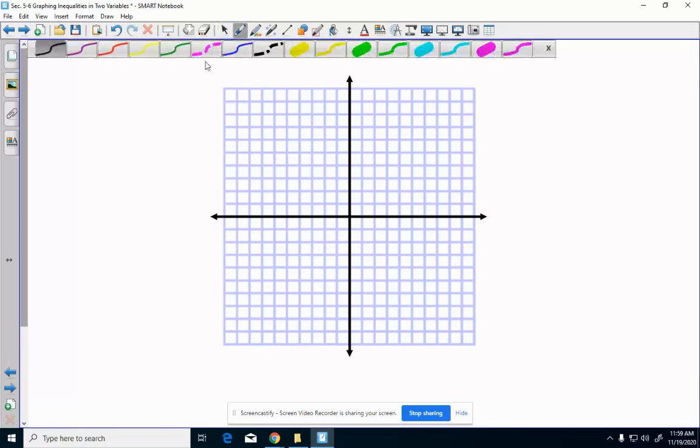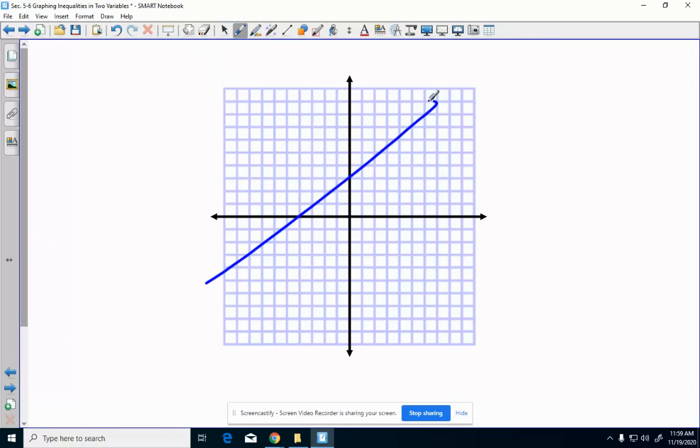We're going to draw some line across that graph, and we're about to have to make a decision about which side of that line the solutions are on. On a number line, we pointed one direction or the other. Here, we're going to have to identify, is it this area at the top or is it this area at the bottom? We call this the half plane because really this coordinate plane extends on forever.